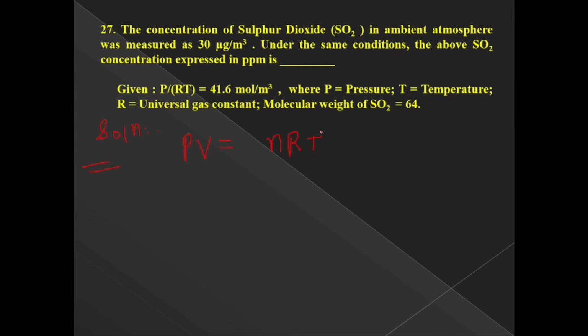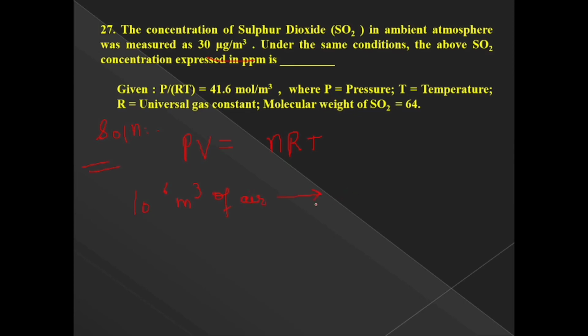Okay. Now 1 meter cube of air has 30 micrograms per meter cube of sulfur dioxide under the same condition. So we can say that 10 to the power 6 meter cube of air has how much sulfur dioxide?